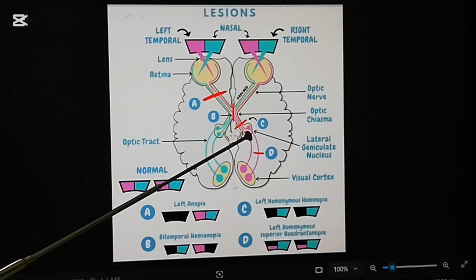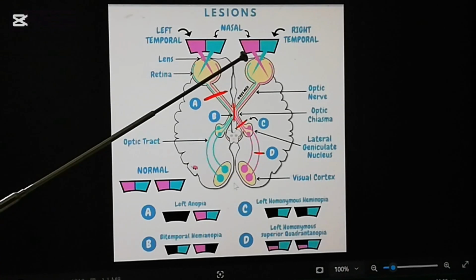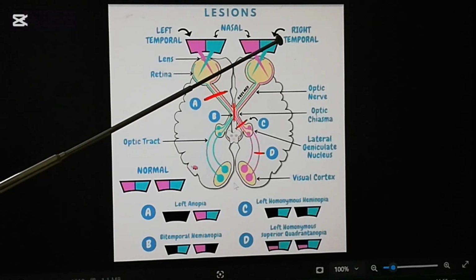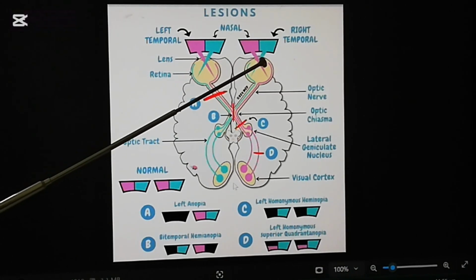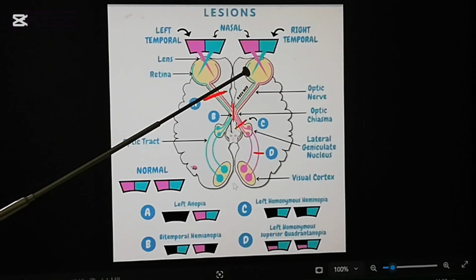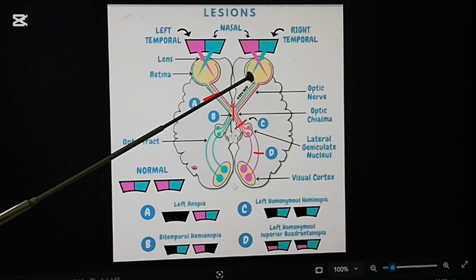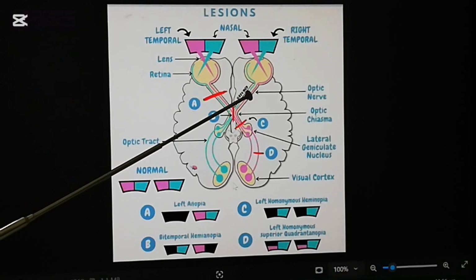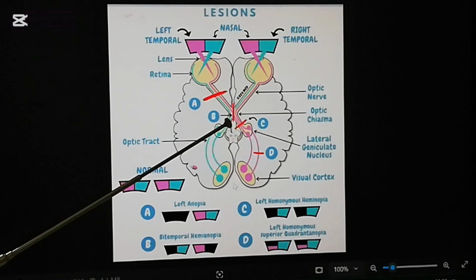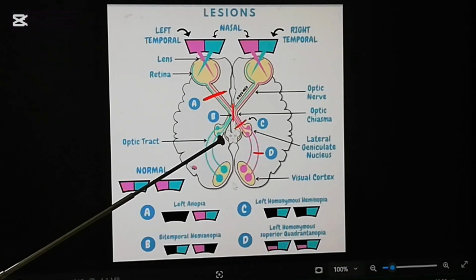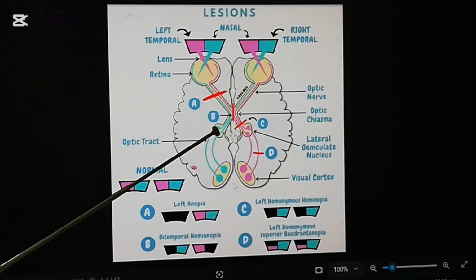And what else is being severed here? You can see that the right temporal field is hitting the nasal side of the right retina, and as the fibers run, they also decussate and reach toward the geniculate body.